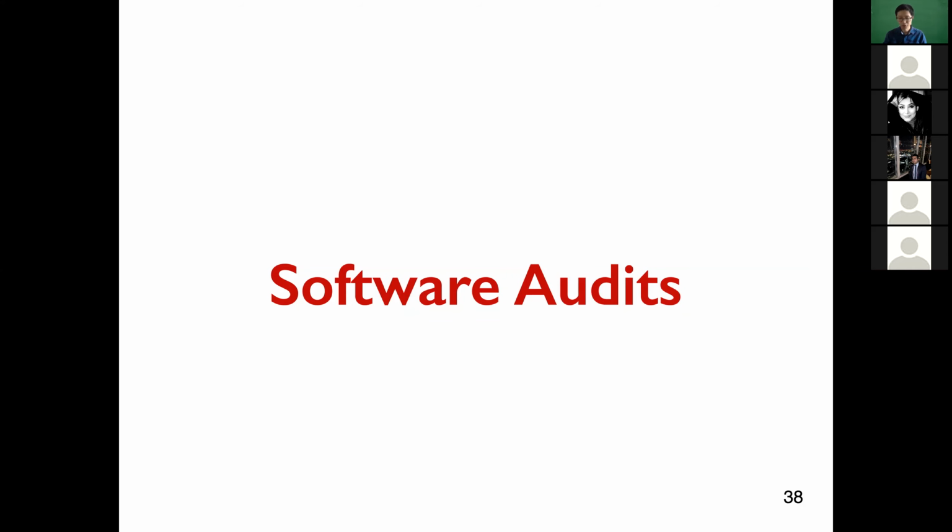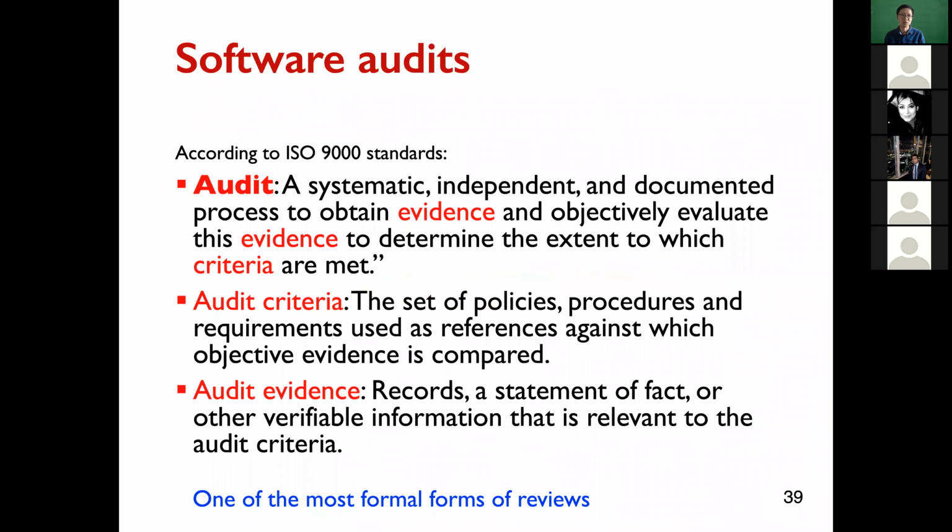According to the ISO 9000 standards, which are general standards for quality for all products, not just software products, it's a set of standards. So what is audit? This definition applies to audit products.